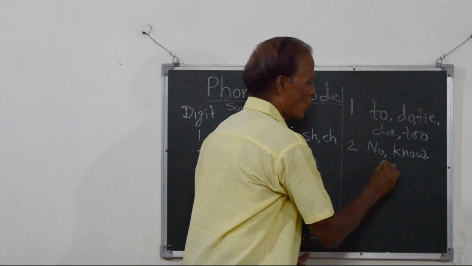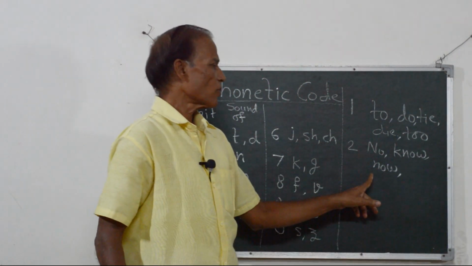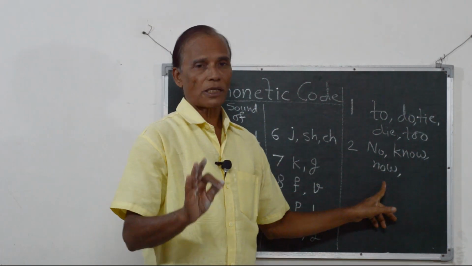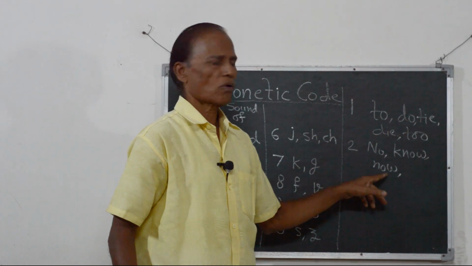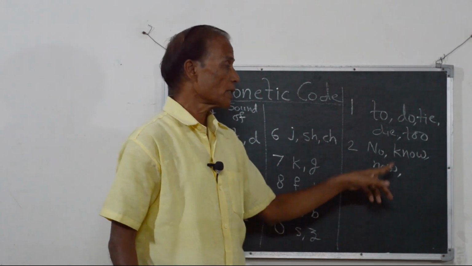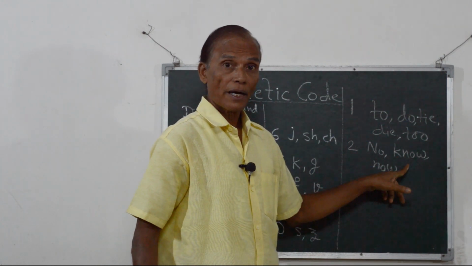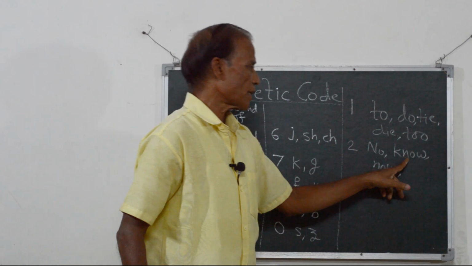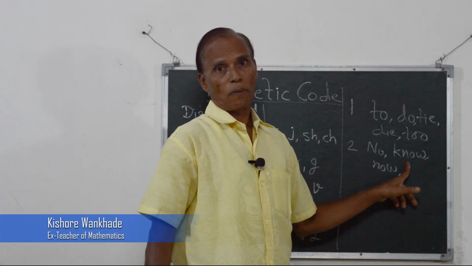Or say now. Now has only one sound from this list, that is N sound. W is not in the list. O is a vowel. Vowels can be used freely. I was telling about this word no. There is K and N. K is actually for 7, N is for 2, but this is not 72.